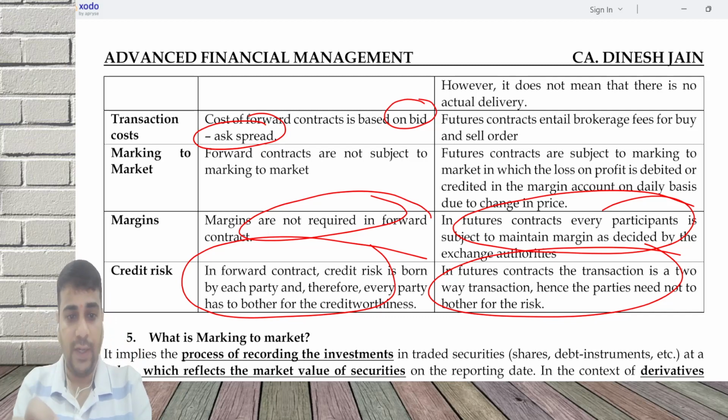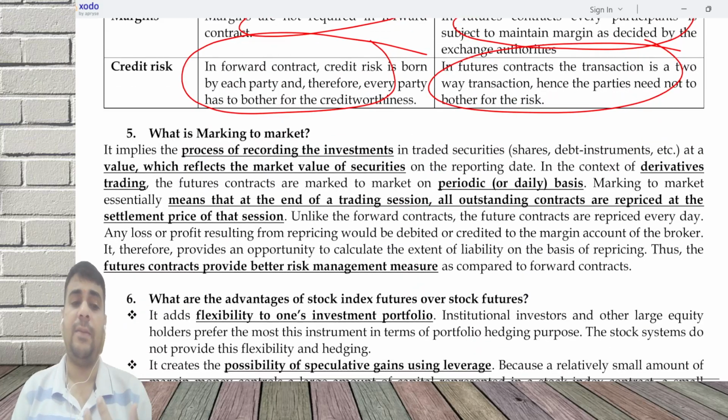If there is a profit, the exchange or the broker has to pay, but if there is a loss, they have to recover it, and that money should be there in the margin account.